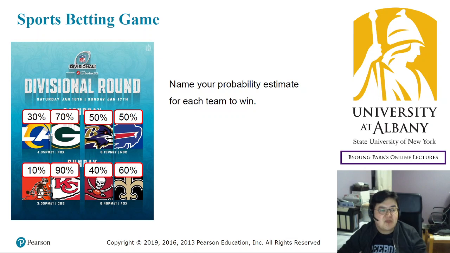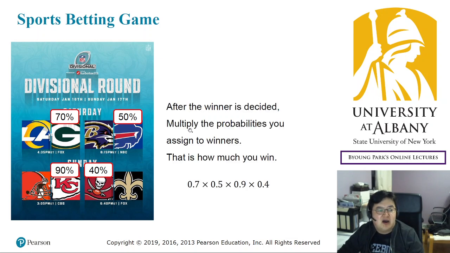After the winner is decided, you win the probability you put on the winner. For example, this is the actual result. Packers won, Chiefs won, so you win 70%, you win 90%. Bills won, you win 50%. And here the Bucs upset, so you only get 40%.